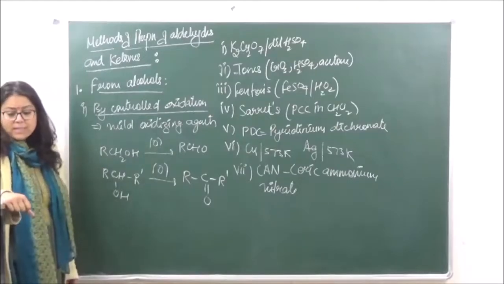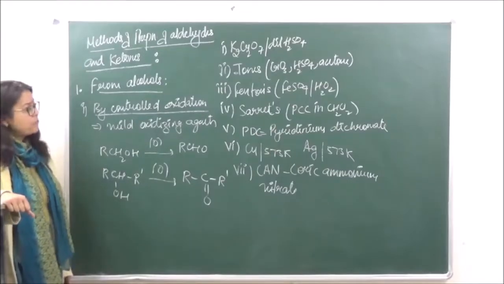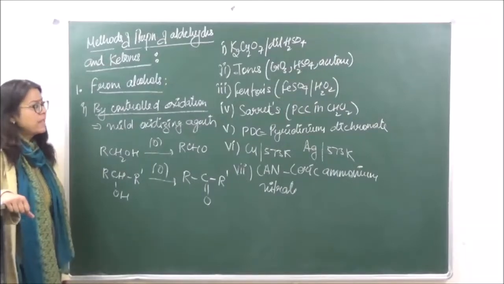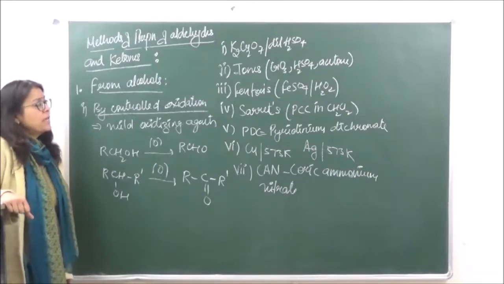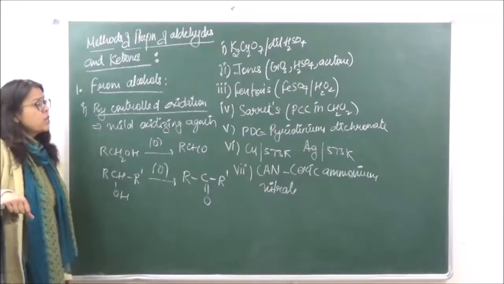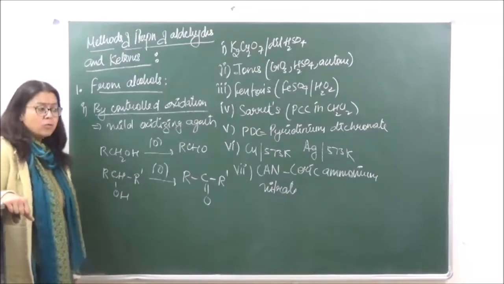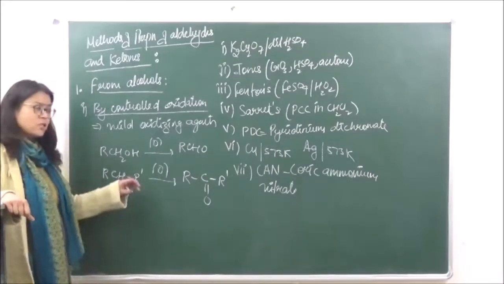Now there are certain reagents, for example PCC, pyridinium chlorochromate, in CH2Cl2, which are not going to affect a double bond if present in the compound. It will only hit the functional group.